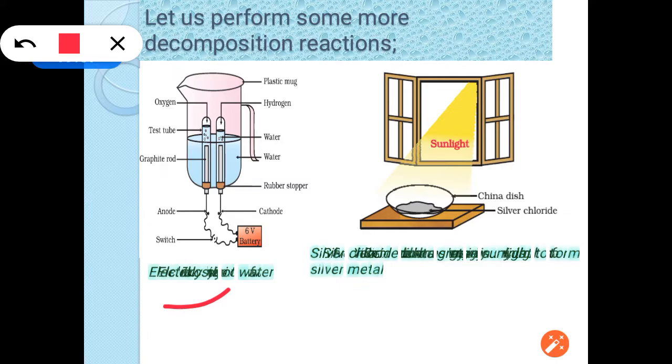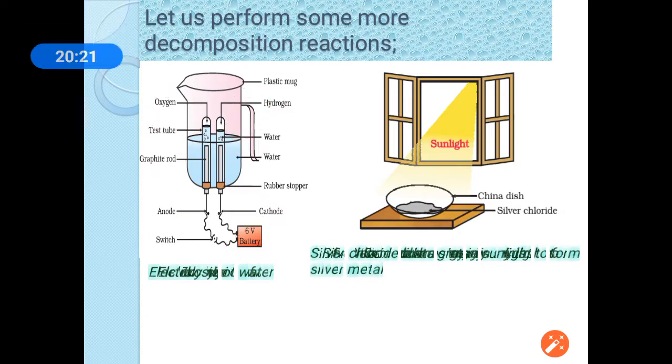This is a 6-volt battery. These are the anode and cathode, and when we apply electricity through this battery, the water decomposes into H2 and O2. Hydrogen gas will be collected here at the cathode, and oxygen gas here at the anode.